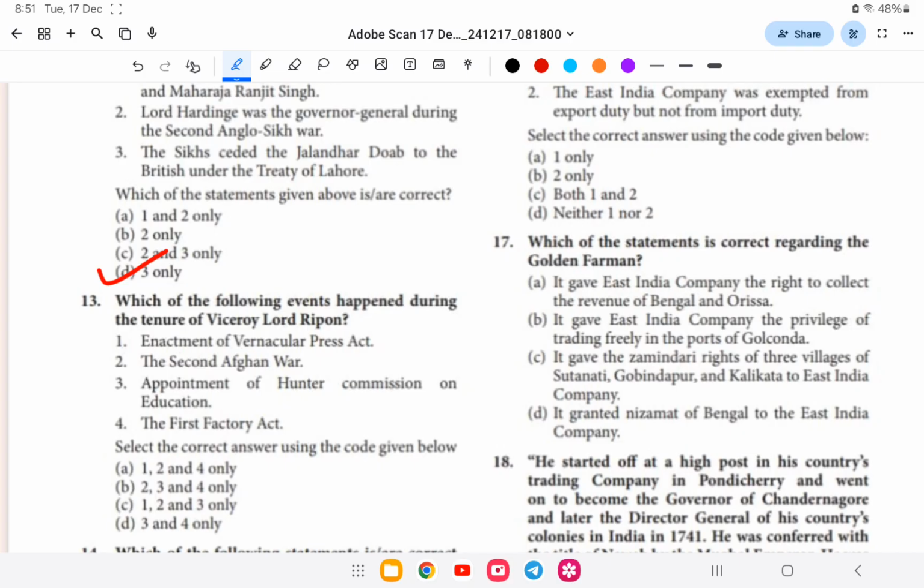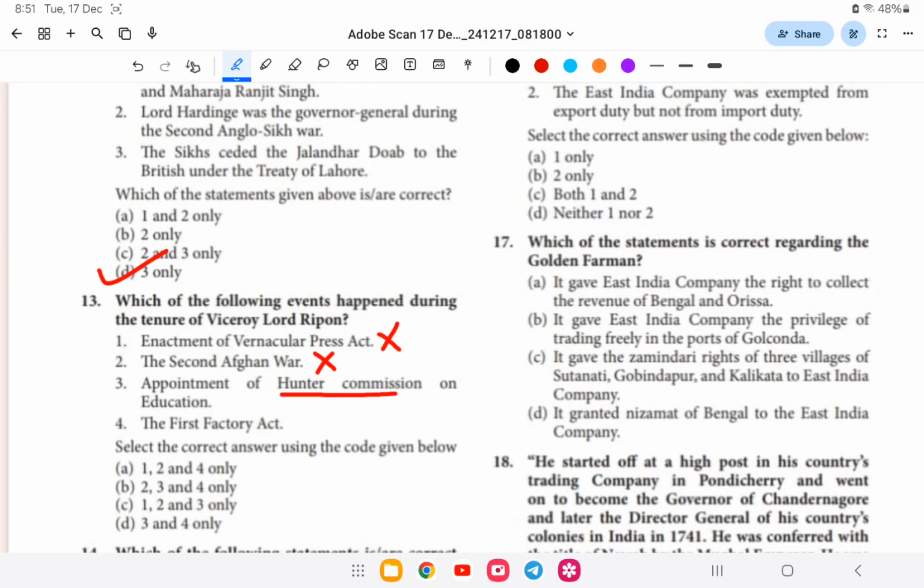The Vernacular Press Act was enacted in 1878 and Lord Ripon repealed it, not enacted it. So that is wrong. The Second Afghan War was in 1878, during the time of Lord Lytton. So that is wrong too.